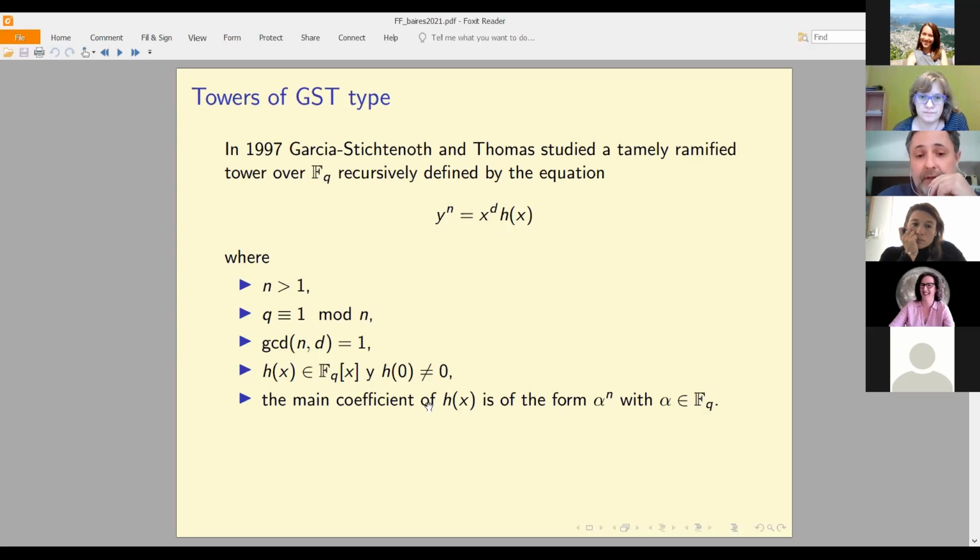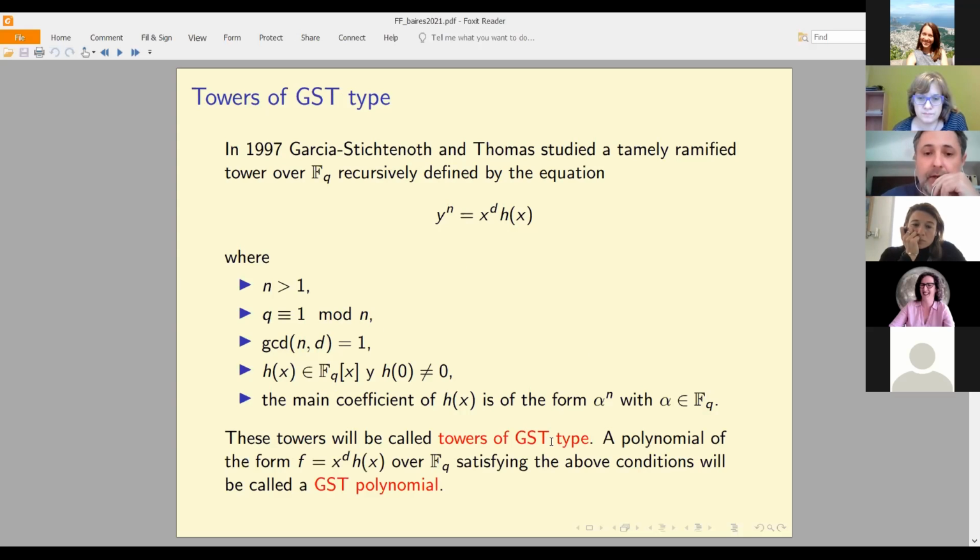And the leading coefficient of h(x) has to be an nth power in F_q. With these conditions they define towers. We call this a GS type tower, and the polynomial on the right-hand side we call the GST polynomial, with all these conditions.